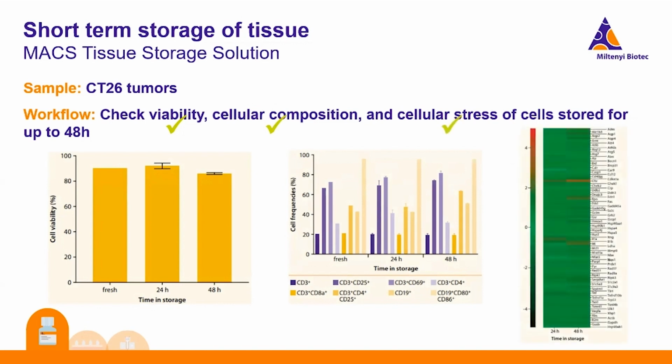And very important, when we look at stress-related genes, after 24 and 48 hours, in most of the cases, we see no or very low effects on the expression of those genes.